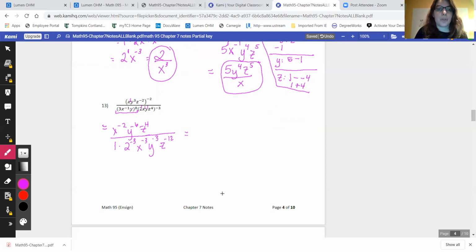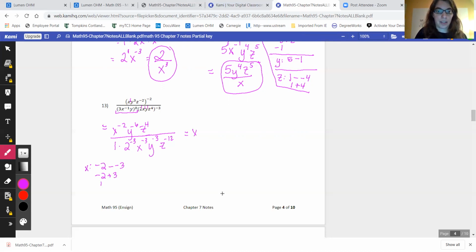All right, now again, you can move things around. We talked about this in class. You can move things around so they're positive exponents, or you can just deal with the negatives. Just make sure when you're using the quotient rule that you are watching those signs. So for x, I'm going to write it over here. For x, I have -2 minus -3. That's like -2 plus 3, which is 1.